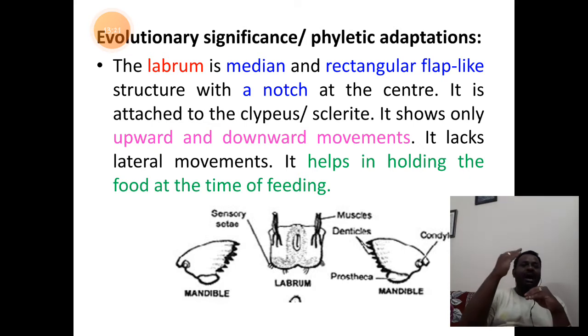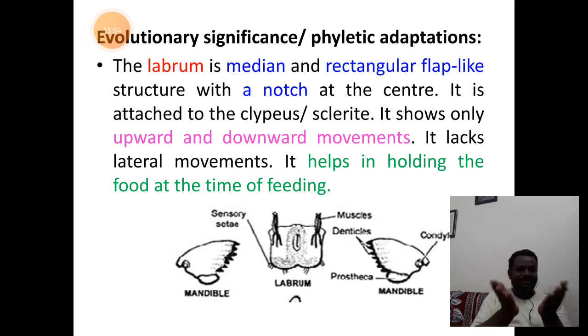Now, how is each of these structures in the cockroach? Number 1, labrum. When you look at the diagram in this slide, the central part is rectangular, with a flap-like structure with a notch at the center, called the labrum. It is a median, middle position part, roughly a rectangular flap-like structure with a notch at the center.